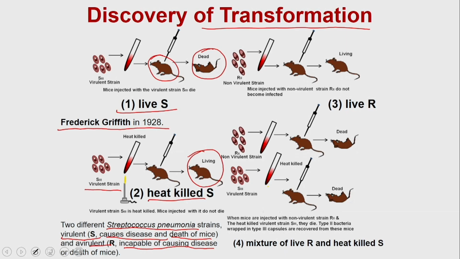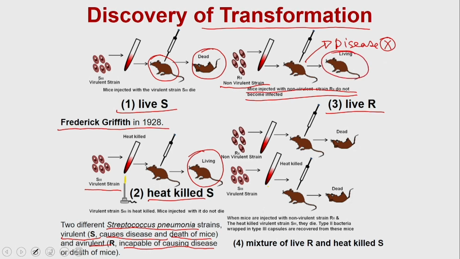In the third set of experiment, he has taken the live avirulent strain or the R strain, and since these are the non-virulent strain, it has been injected into the mice, and what he could find is that these non-virulent strain are not developing the disease, and since they are not developing the disease, these mice are also surviving.